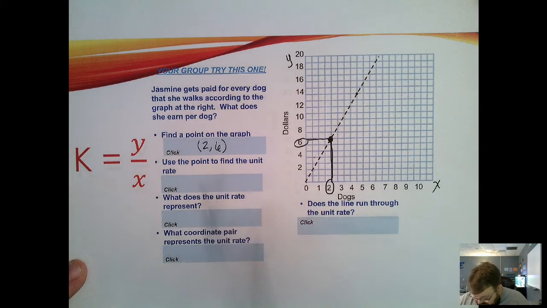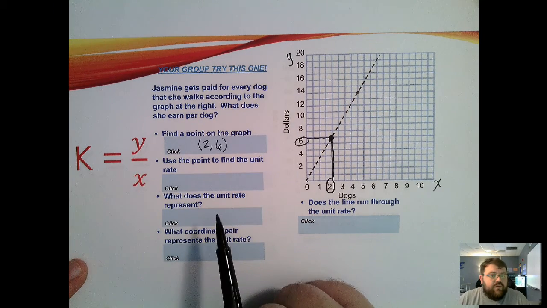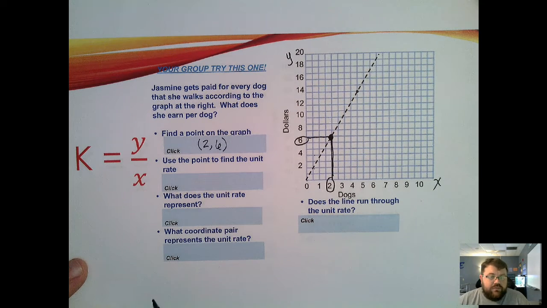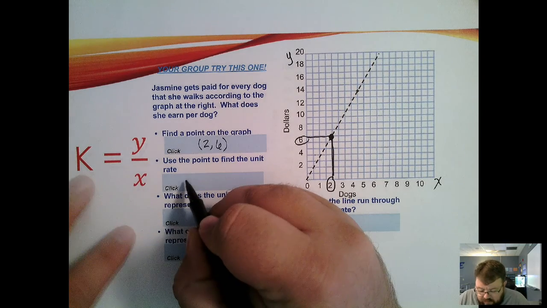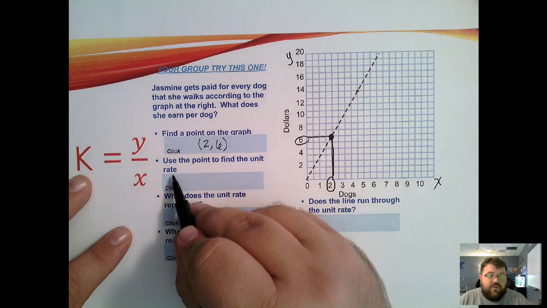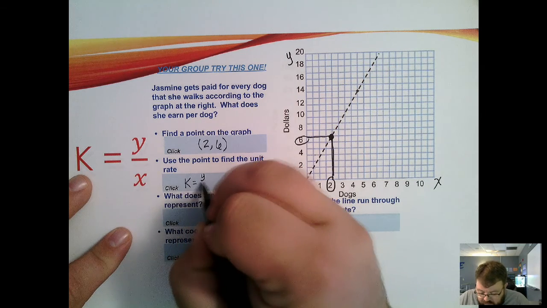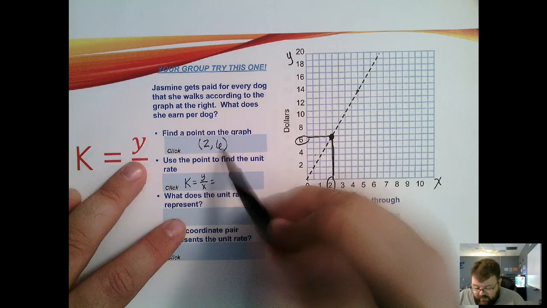Use the point to find the unit rate. Pause the video and solve this portion of the problem. Okay, so unit rate is the same as constant of proportionality. So k is equal to y over x. The y value is 6.